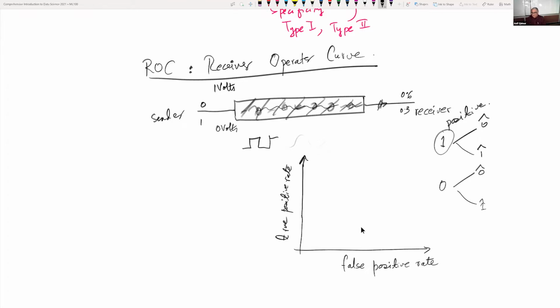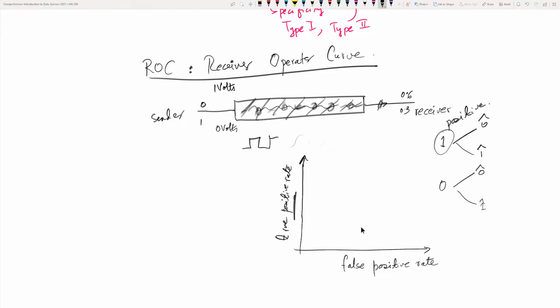Anytime you want to increase the true positive, like you want to identify all the ones as ones, one easy way not to miss the ones is to keep your voltage threshold at which you say it is a 1, high or low. If you set your voltage threshold close to 0, anything above 0.001 volt, you mark it as 1, right? Will all the true ones get identified as ones?